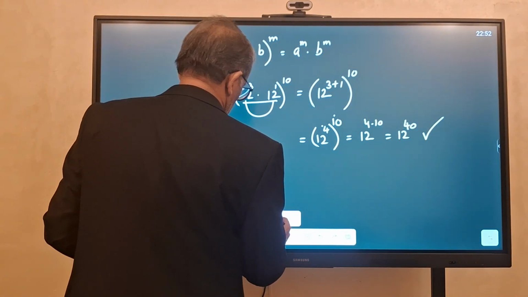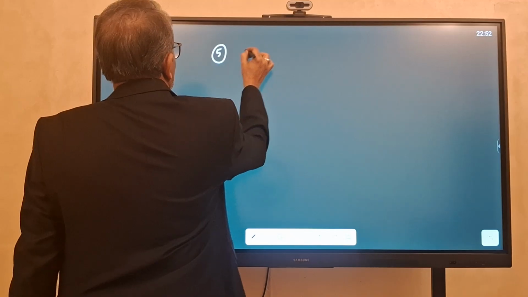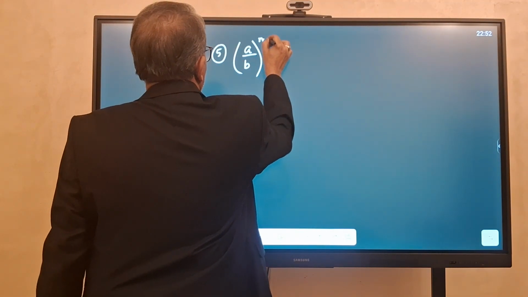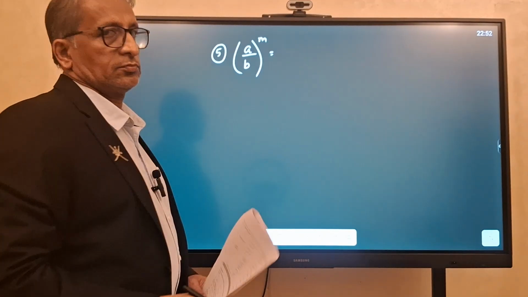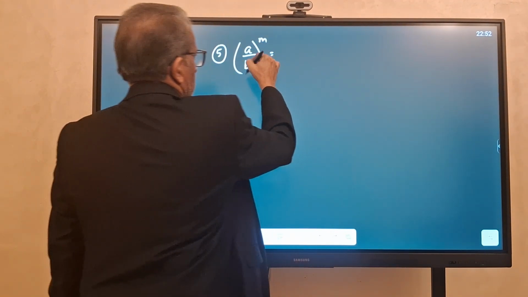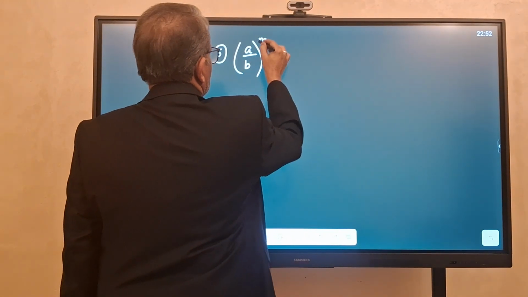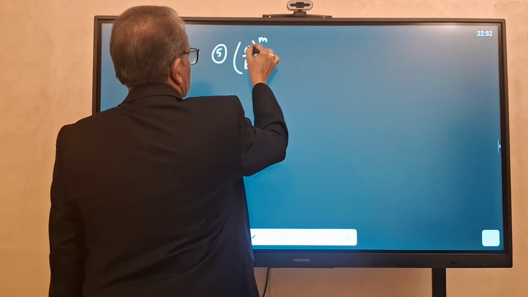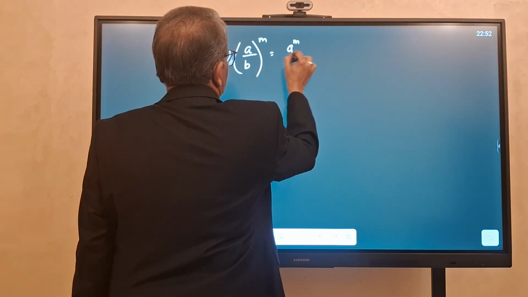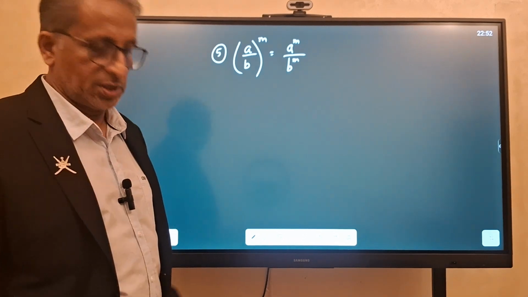This is number 4. Coming to number 5. (A by B) to the power M. So what is happening here? We have a fraction in the base and power M. This power will go to the numerator and denominator. That is A power M by B power M. So I separate it.